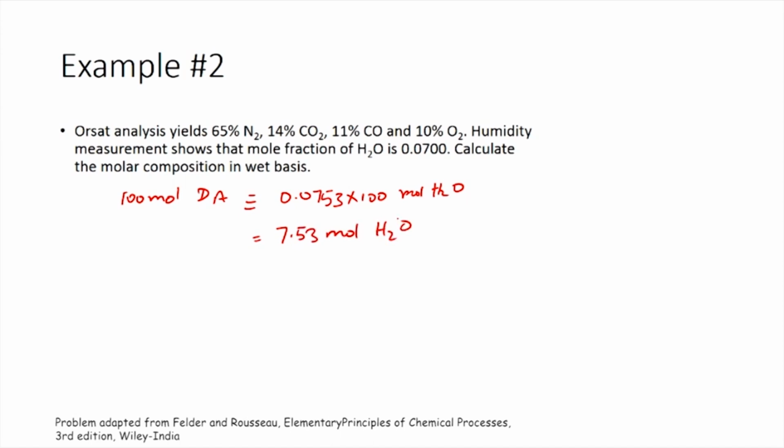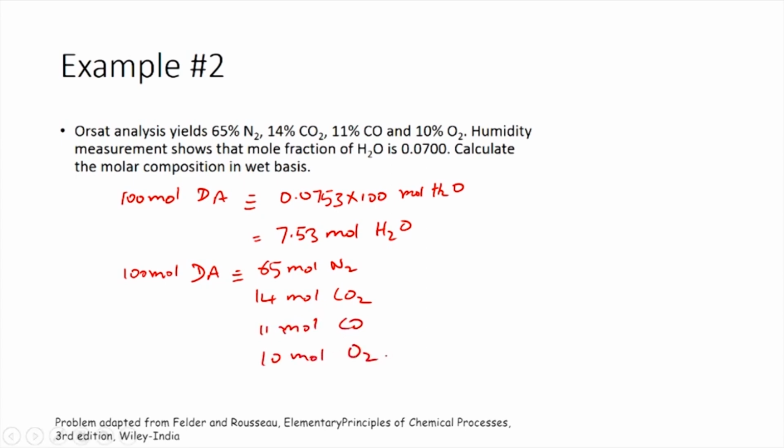So, based on the RSAT analysis, we know that the 100 moles of dry air actually is constituted by 65 moles of nitrogen, 14 moles of carbon dioxide, 11 moles of carbon monoxide and 10 moles of oxygen.